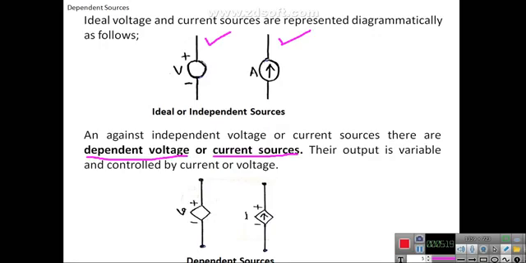But in the case of dependent voltage or current sources, the output is variable and controlled by a current or a voltage. That means dependent sources are controlled by currents and voltages in other parts of the network. So those sources we call dependent sources. This is the symbolic representation of a dependent voltage source, and this is your dependent current source.